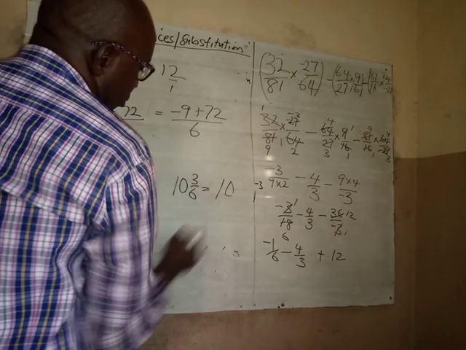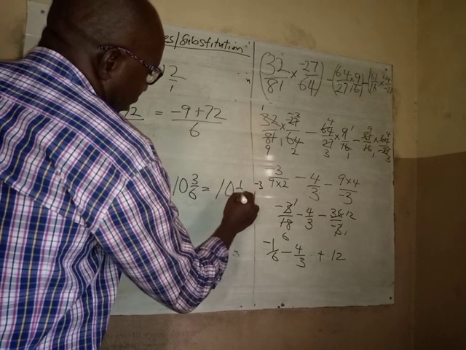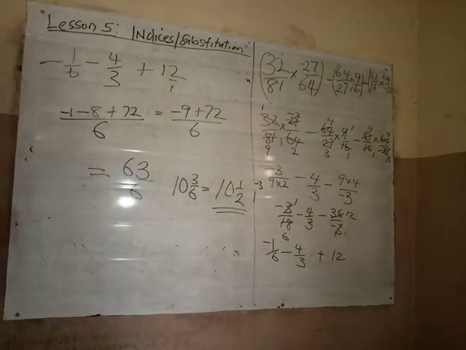You now have 10 whole number 1 over 2. So final answer.